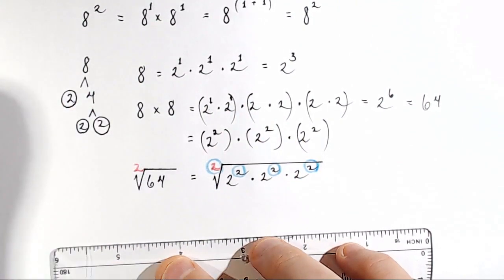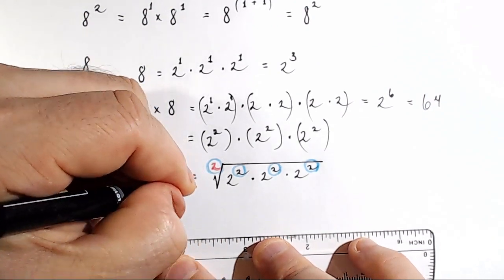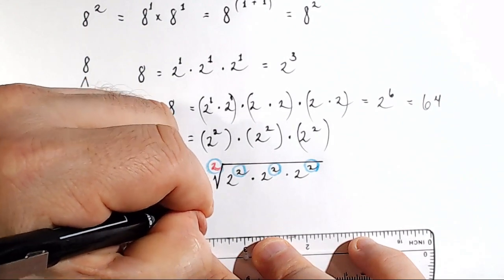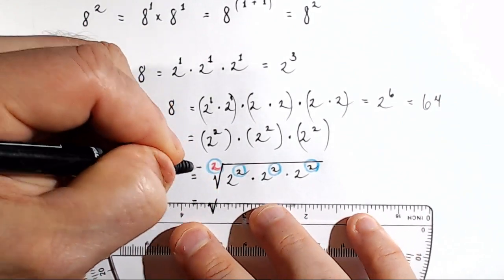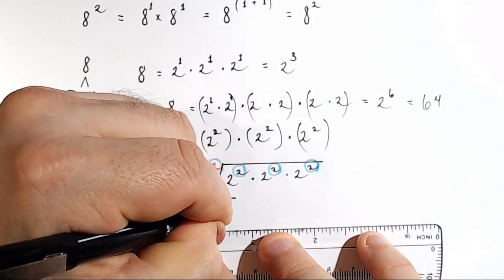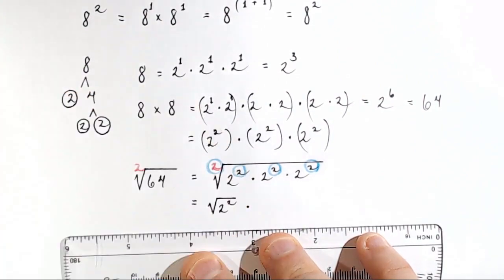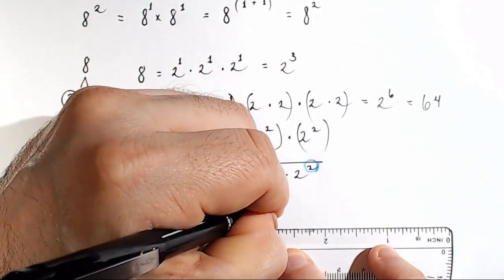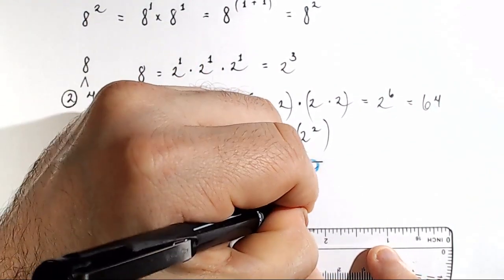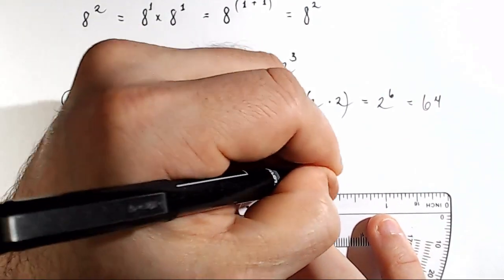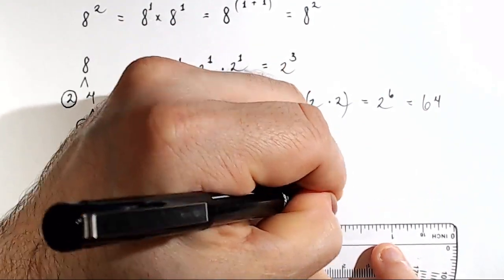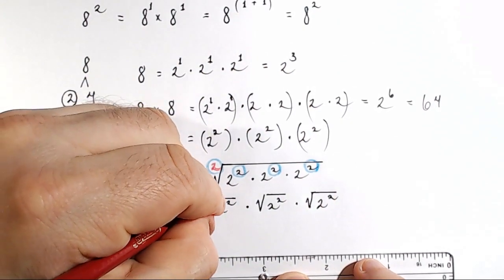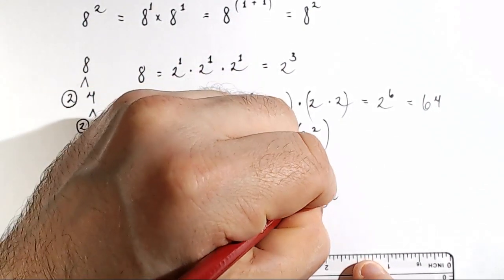You can simplify the radical, because the square root of 2 squared times 2 squared times 2 squared is equal to the square root of 2 squared times the square root of 2 squared times the square root of 2 squared. Okay, and remember, all along, the index is 2, 2, 2.